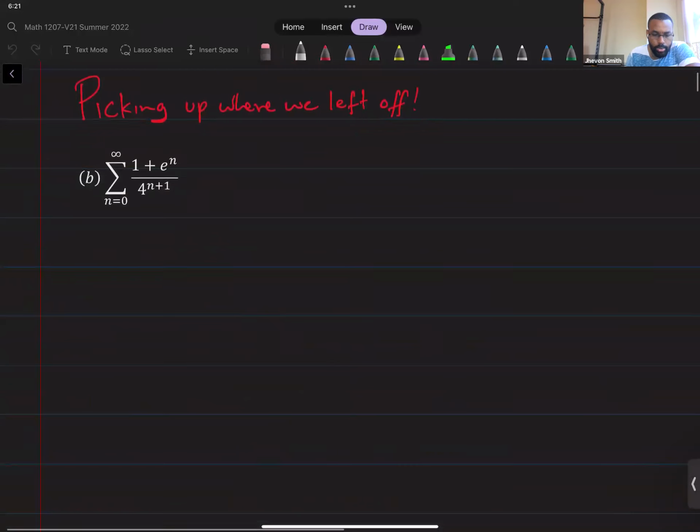So picking up where we left off. Obviously this series already looks very complicated. Just like with integrals, sometimes it's not so straightforward to apply a certain test or technique. You maybe have to simplify it somehow, or look at it in a creative way to figure out what to do with it, until you get practice.